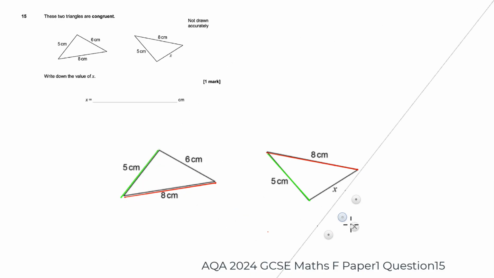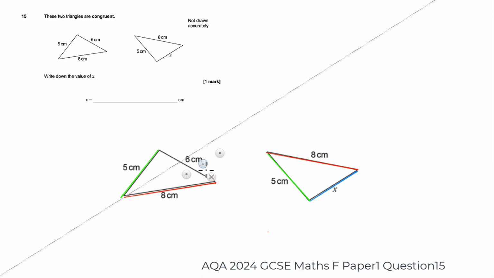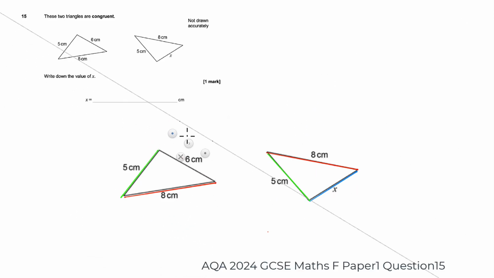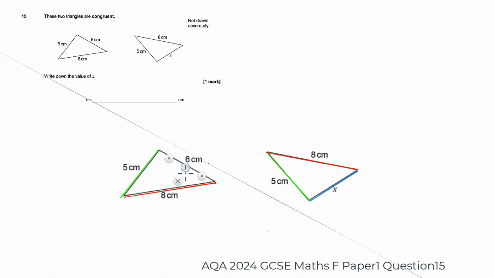So what does that leave us? Well, it leaves us this side with an X on it, and let's call that the blue side. And there's only one side left. It would have to fit on top of that side there.